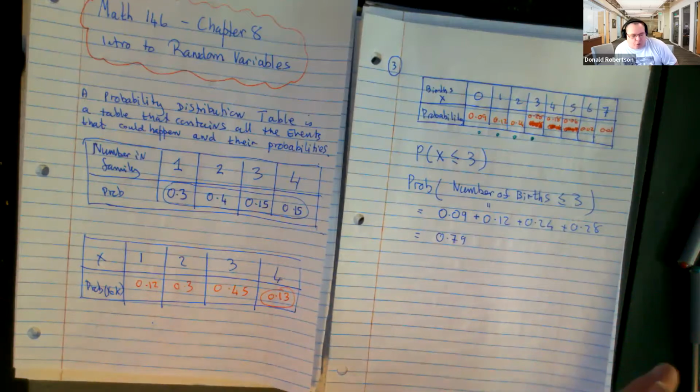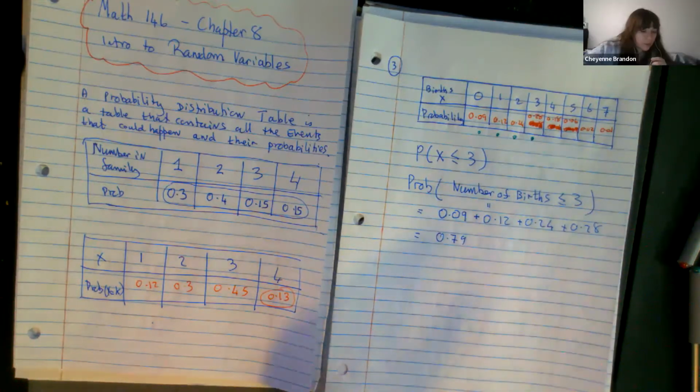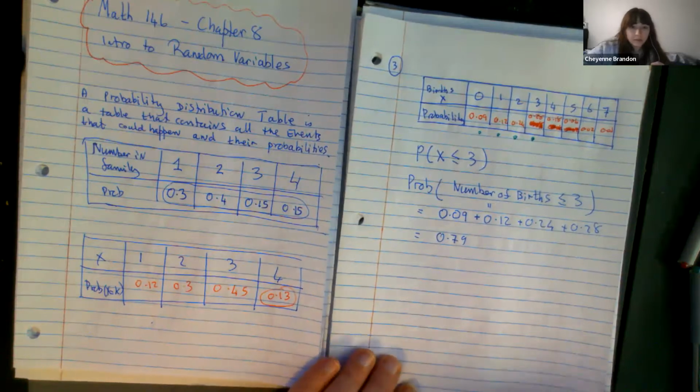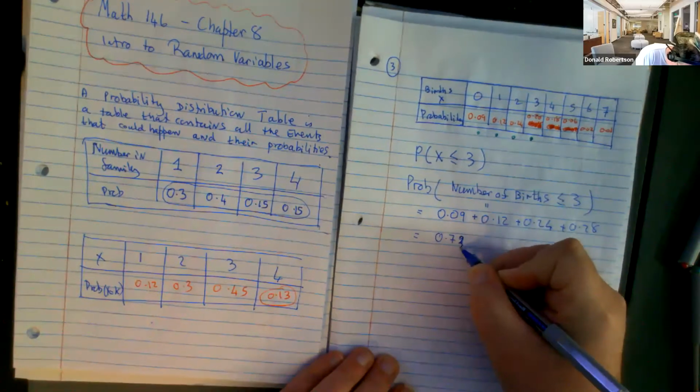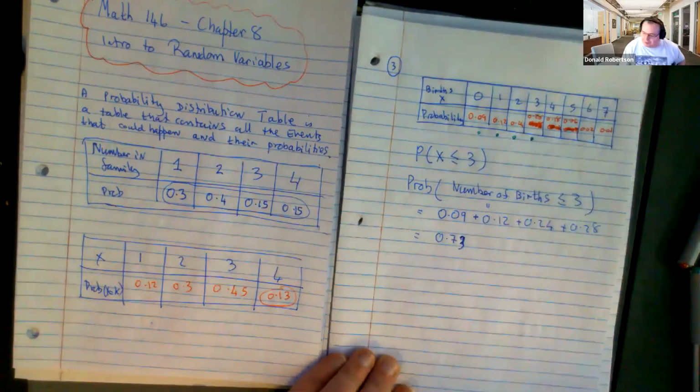So it stops you having a hospital with a lot of doctors waiting for people to have babies when those doctors could be somewhere else. I got 0.73. Yeah, me too. Is that because I can't count? Yes, that would be the reason.